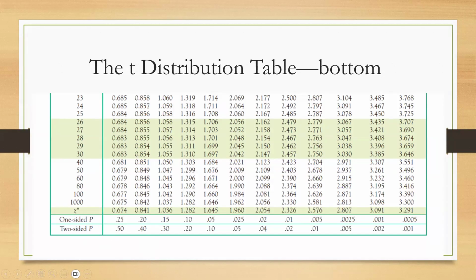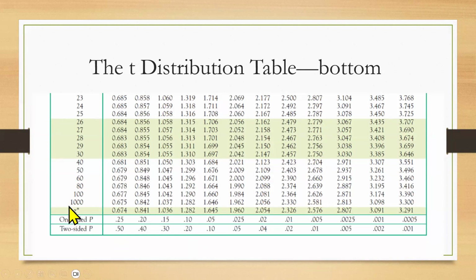Depending on our alternate hypothesis, we use the one-sided if it's a one-tailed test, and the two-sided if it's a two-tailed test. Now notice that the two-sided is exactly twice the one-sided. So you, the thinking scientist, don't actually need both of these. You just need to know which is which.